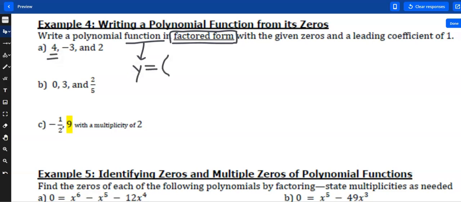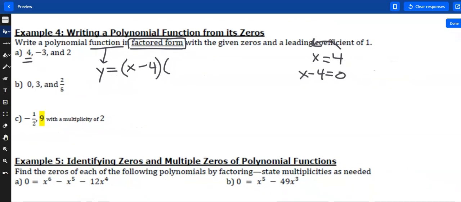For 4, right now, if you don't know how to do this, set x equal to 4 and move it over, and what you will see, so this is kind of the opposite process, you will find the factor is x minus 4. Same thing would happen if you had x equals negative 3.